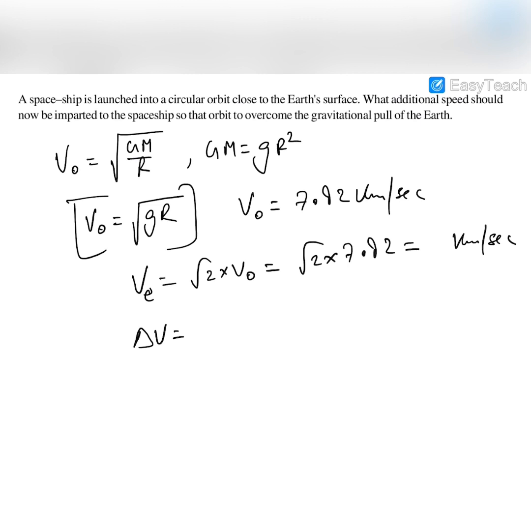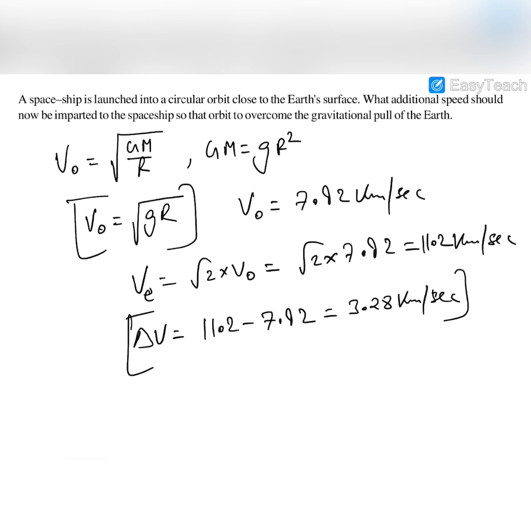So additional velocity is 11.2 minus 7.92, so this would be approximately 3.28 kilometers per second. So this additional velocity we should impart to the satellite so that it escapes from the gravitational pull of Earth.